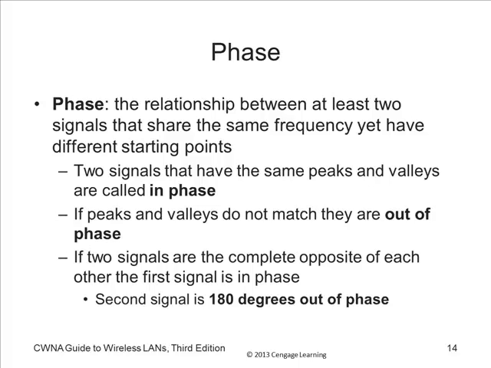Even though it starts out as the same signal, when it gets radiated out in all directions, it gets bounced off of different things, absorbed differently, refracted differently as it goes through. So when it gets to the receiver, the same signal, same frequency gets there at different times. It's going to affect what kind of signal you get there.